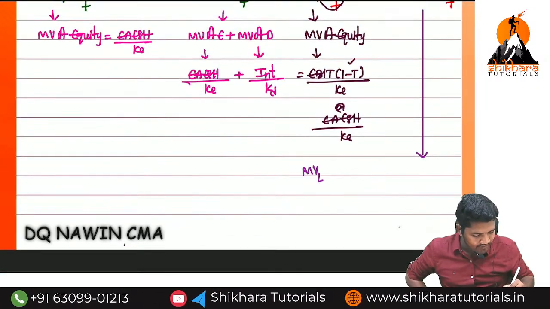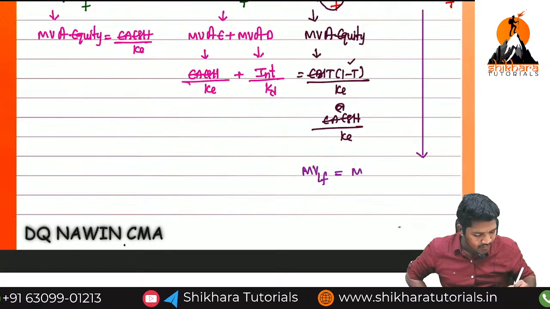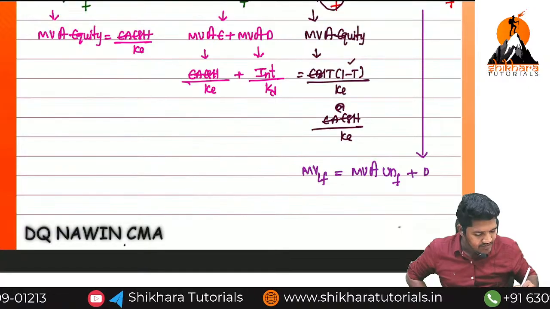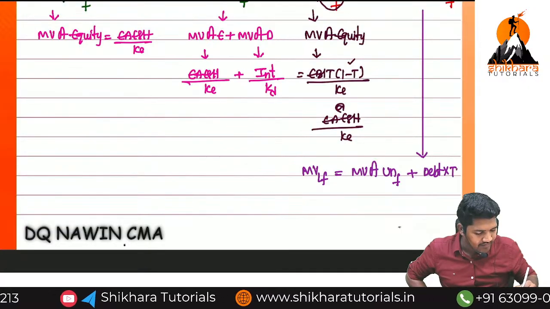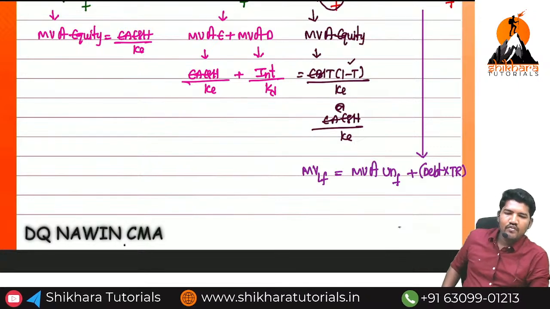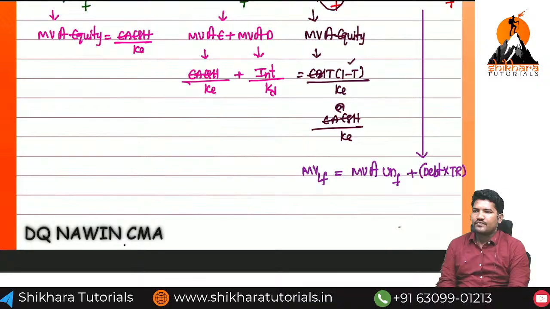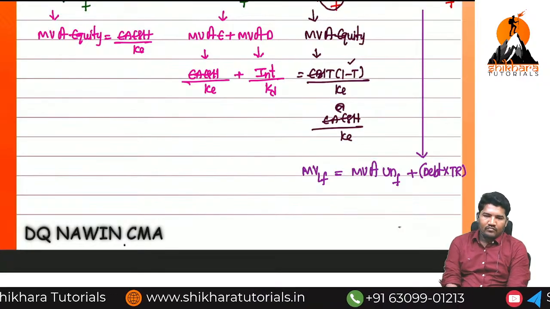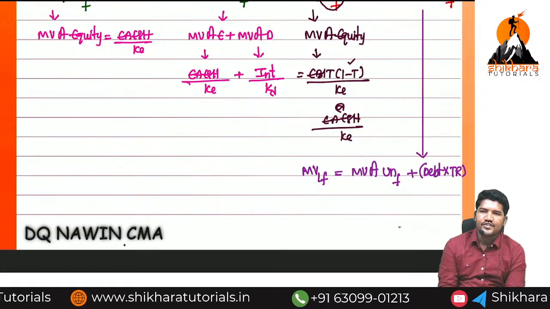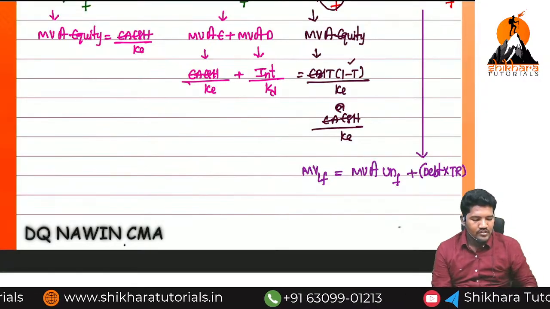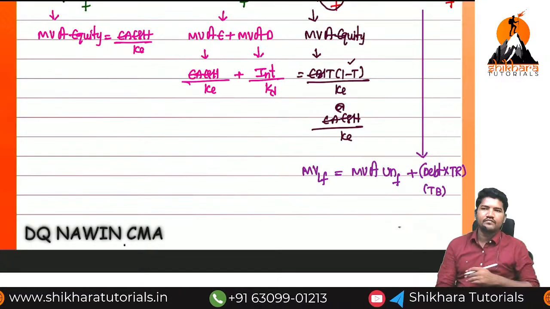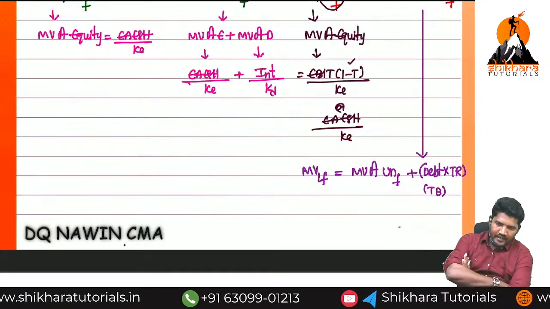Market value of levered firm equals market value of unlevered firm plus debt into tax rate. So this debt into tax rate is known as tax benefit. The debt into tax rate is nothing but tax benefit.